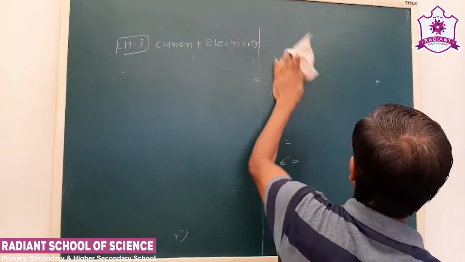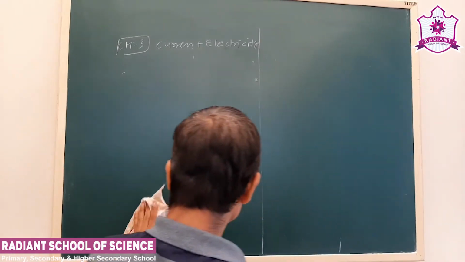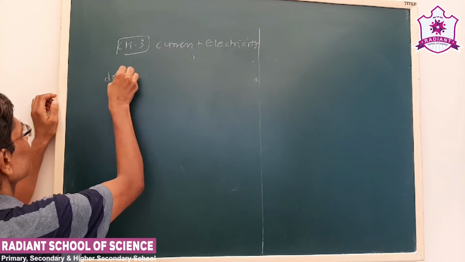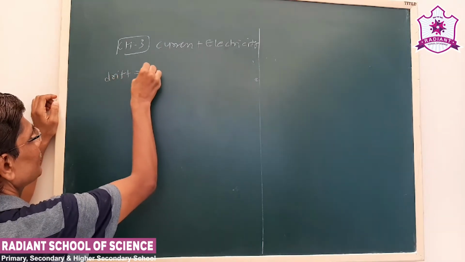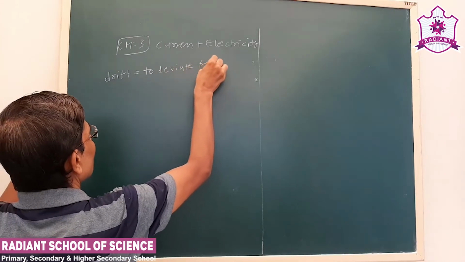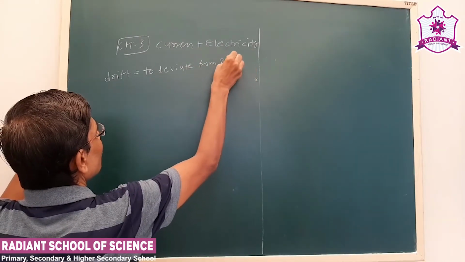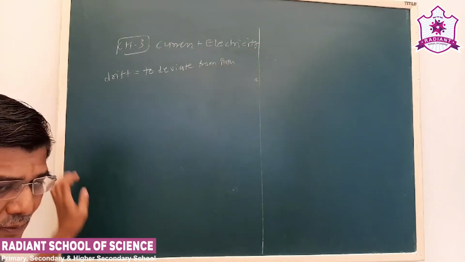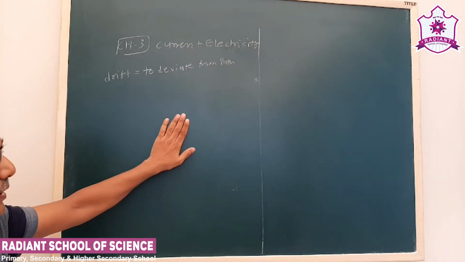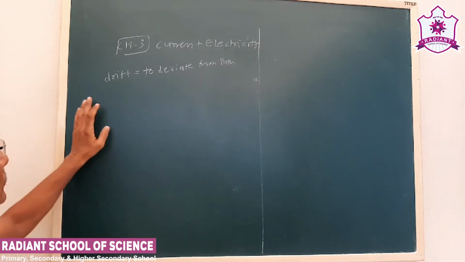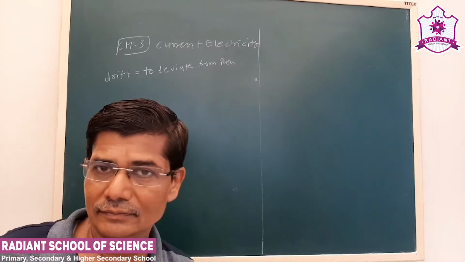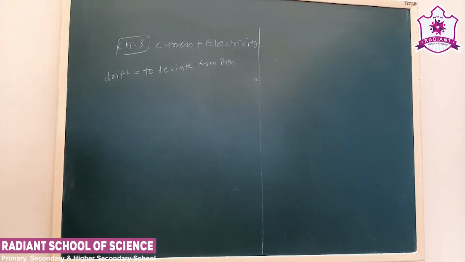Now, what is the simple meaning of drift? To deviate from the path, whatever the original direction, we have to change the direction.